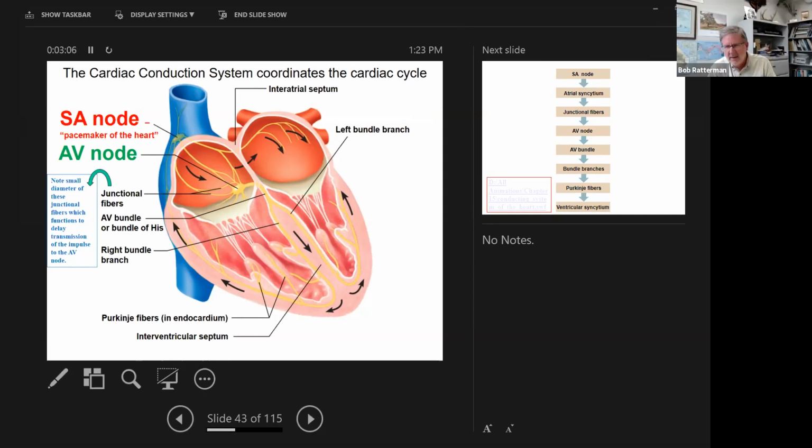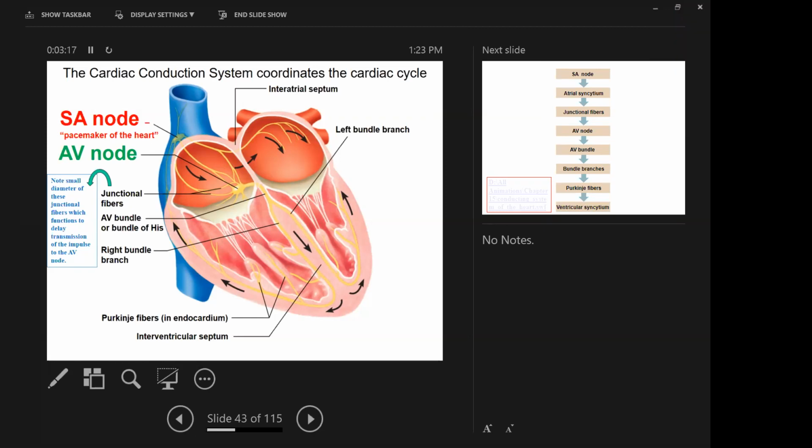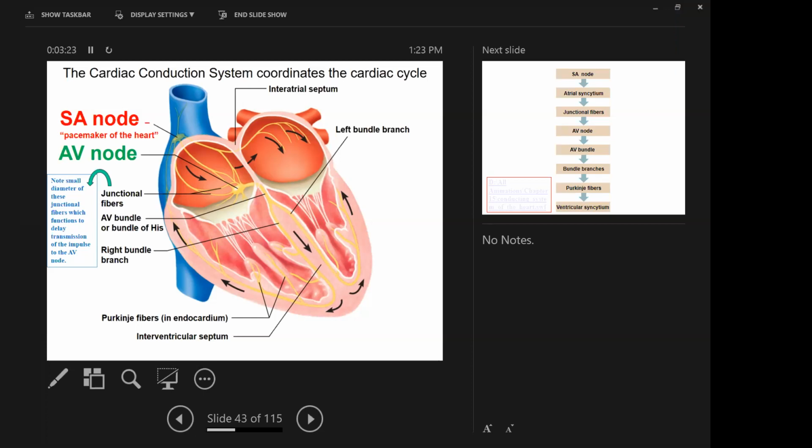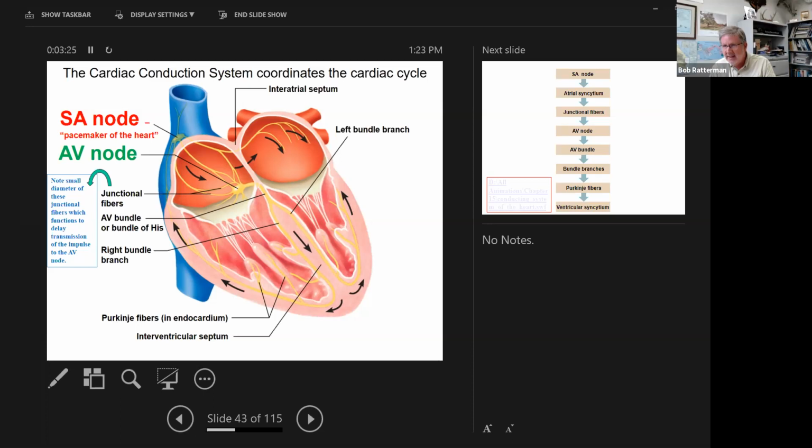Well, come on, this isn't rocket science. If you deliver an impulse to a muscle, what's the muscle likely going to do? Contract. Right. And so that's what happens to these atria. They contract together upon stimulation from the SA node.